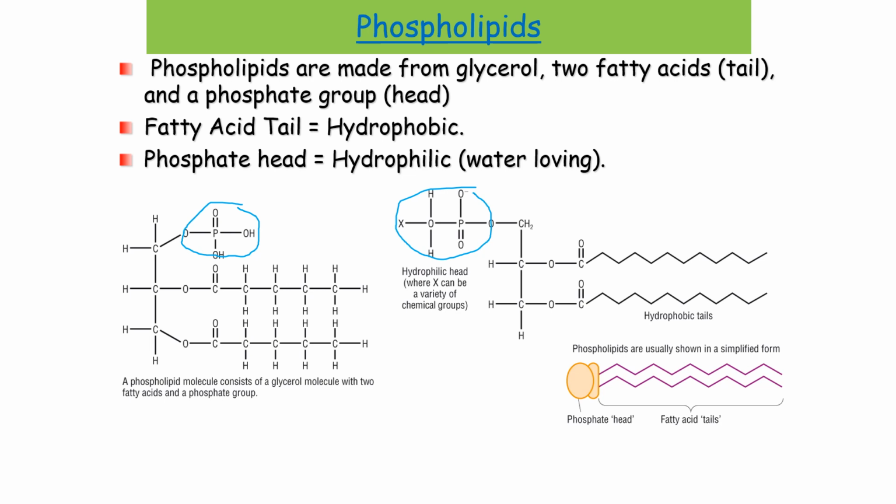Okay, so the hydrophilic phosphate head, whereas we have a hydrophobic fatty acid tail. So the tail is hydrophobic, and you might see a more simplified version here, as you will in the membrane later on when you're studying it.